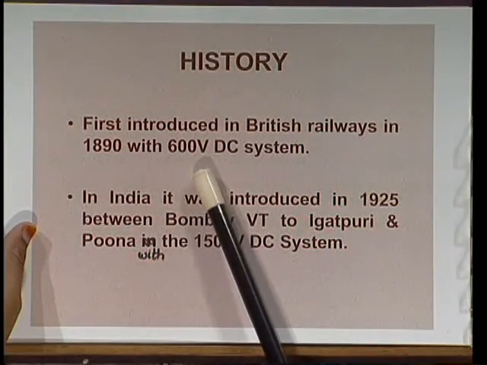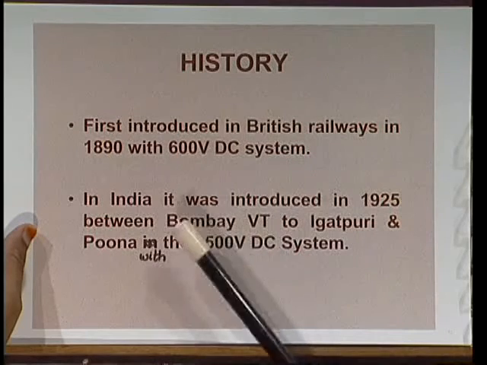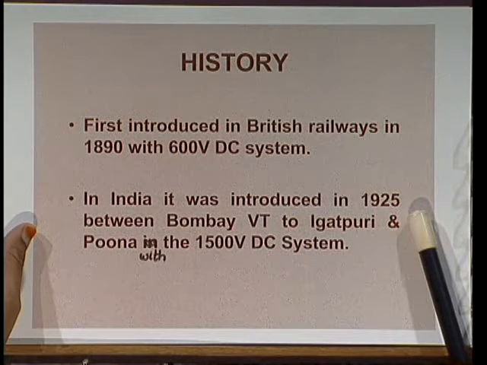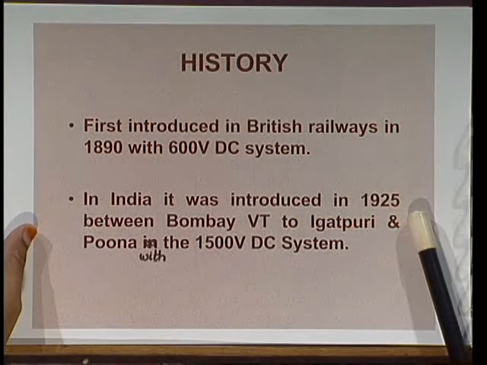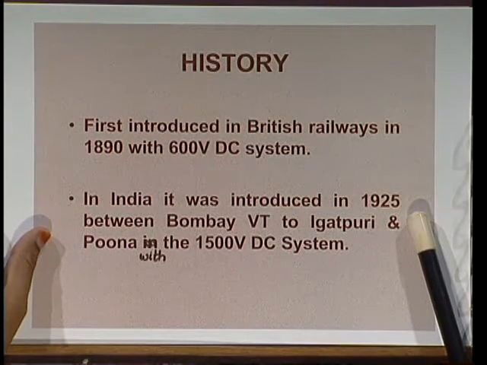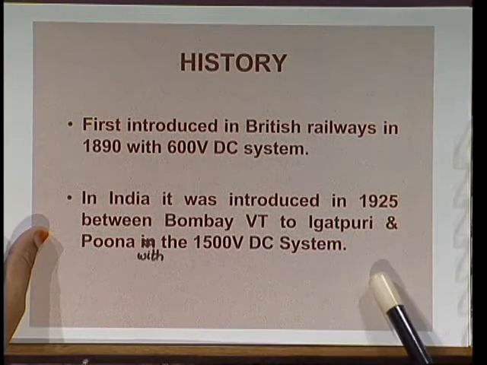Now we shall go into its history. Electric traction was first introduced in British Railways in 1890 with a 600 volt DC system. In India, it was first introduced in 1925 between Bombay VT to Igatpuri and Pune with the 1500 volt DC system.